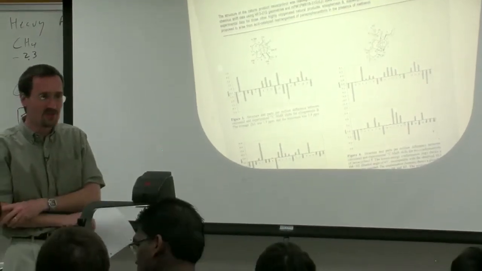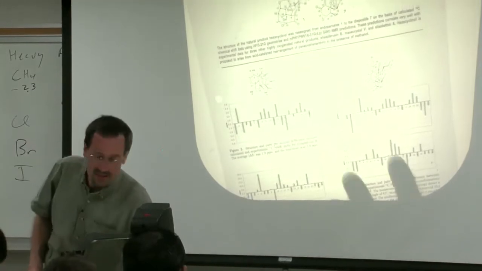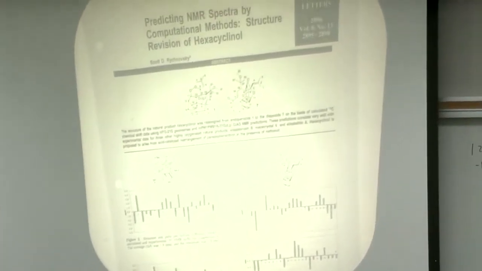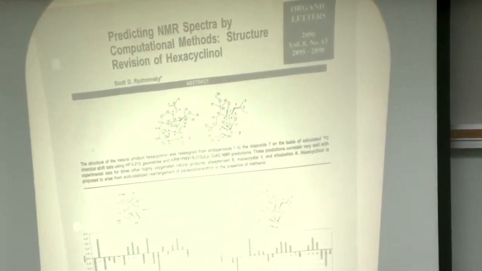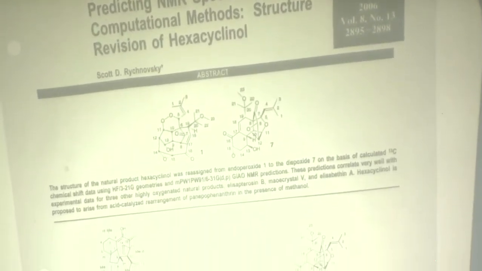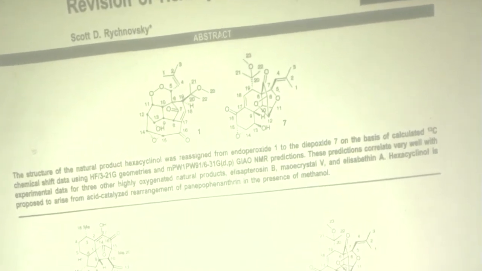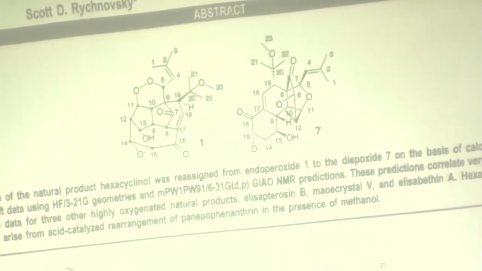His name was James J. LeClair, still is James J. LeClair. And he published this synthesis that looked really cool because the molecule he said he synthesized was hexacyclinol, one that Phil Baran, I think, would appreciate as a challenging target.